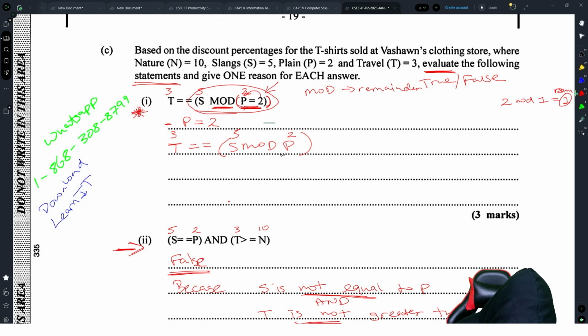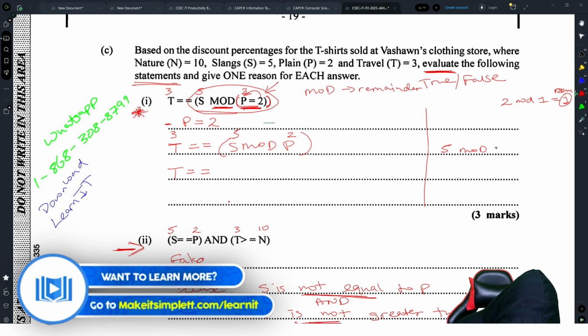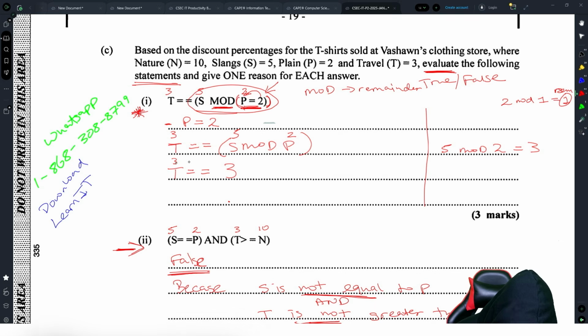So now we're going to work out the next expression, which is T is equal to, I'll do the working column on this side here, 5 mod 2 is equal to 3. So therefore, T is equal to 3. So 3 is equal to 3.